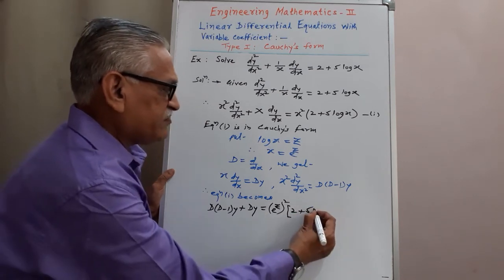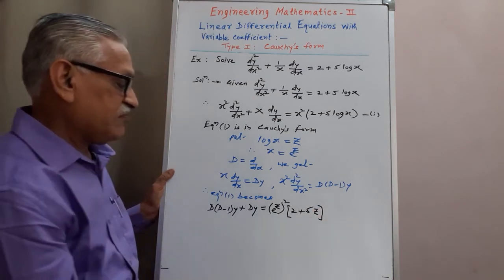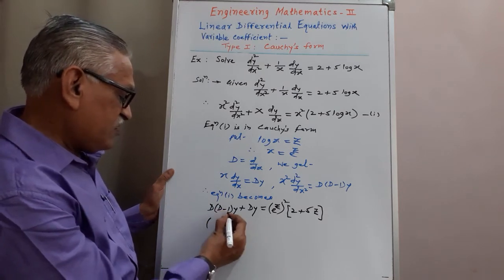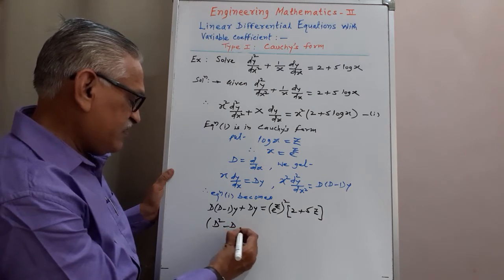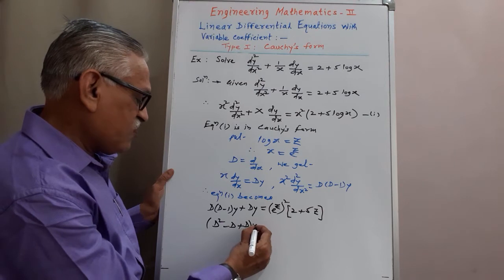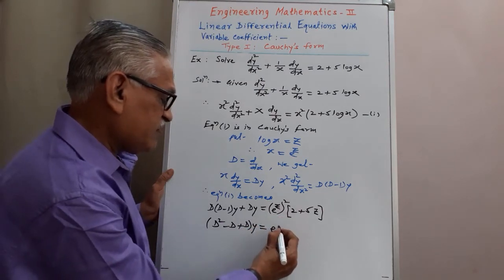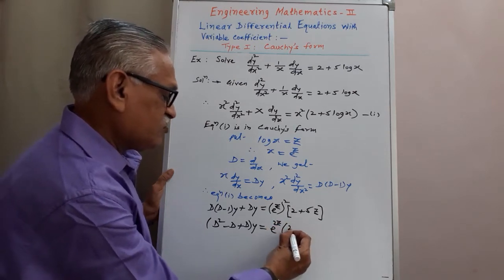Log x is z. Simplifying it, it is D square minus D plus D into y is equal to e raised to 2z into 2 plus 5z.